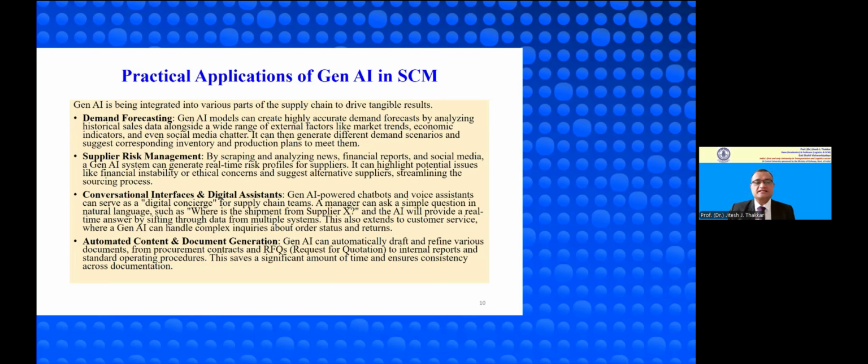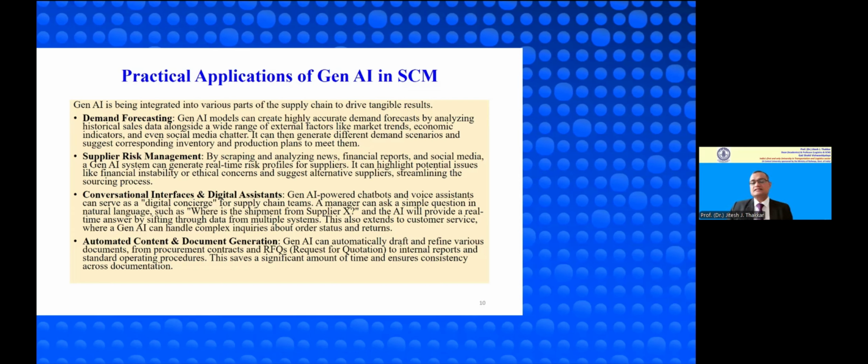Conversational interfaces and digital assistance is another important feature of Gen AI. Gen AI powered chatbots and voice assistants can serve as a digital concierge for supply chain teams. A manager can ask a simple question in natural language, for example, where is the shipment for supplier X? And the AI will provide a real-time answer by sifting through data from multiple systems.